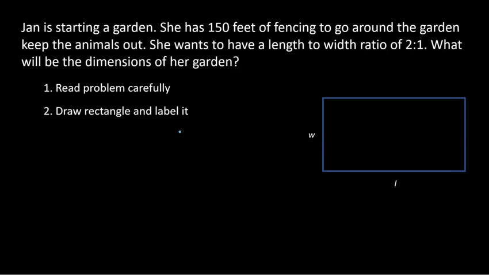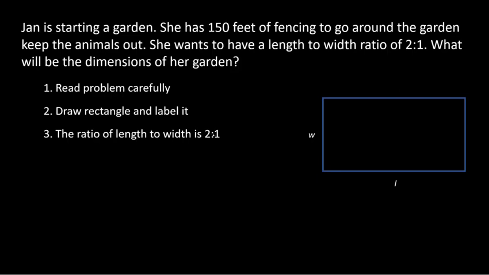All right, so from here we can establish different things we know about this picture and about the problem. We know we have 150 feet of fencing, and we know the length to width ratio is 2 to 1. So using that length to width ratio, we can figure out how to set up our variables.